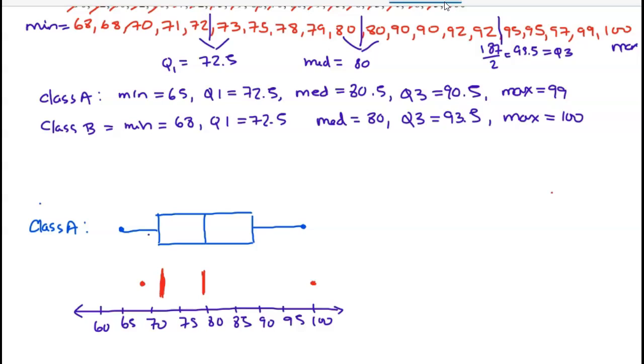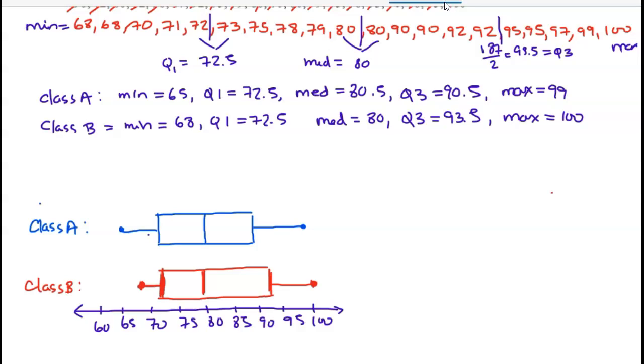And the maximum is 93.5. Sorry, Q3. Draw a box with these bars, and then draw whiskers to the dots at the end. Sometimes you see dots, sometimes you don't see little bars here. Doesn't matter. So this is class A. Class B.